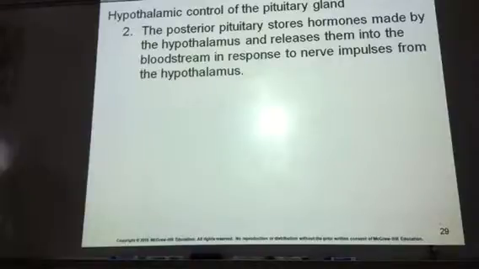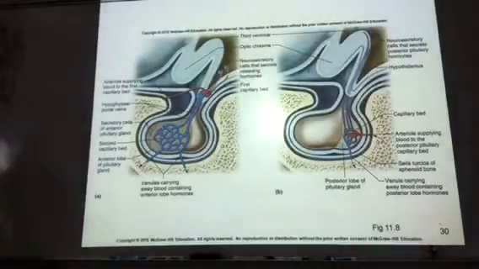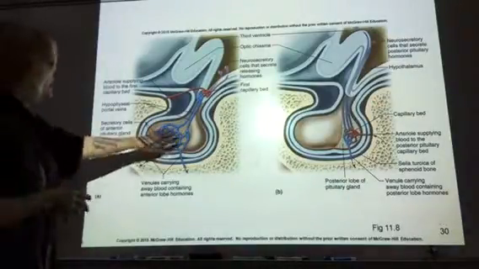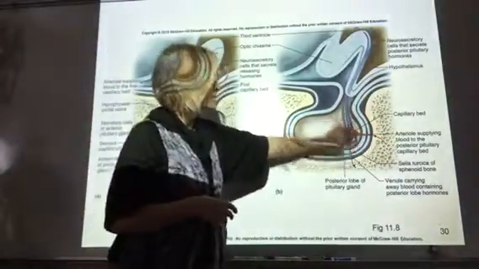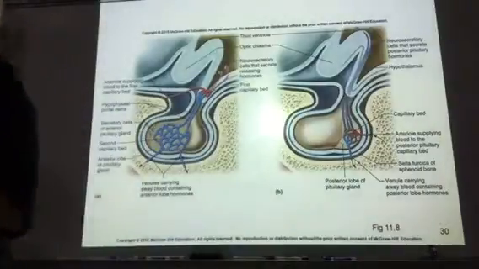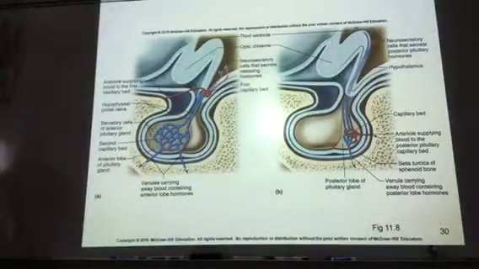The posterior stores hormones, and once they receive impulses from the hypothalamus, they are going to release their hormones. This diagram won't be on the test, but it's just interesting to see how these blood vessels are located directly on the pituitary gland.